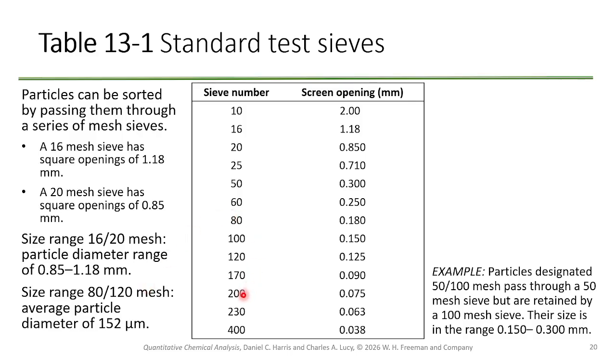Okay. So your size range is a 16 to 20 mesh. This would be a particle diameter range that would be 0.85 to 1.18. If you have an 80 to 120, you'd have something in the particle range of a 152 micrometer wire that would fall through. Okay? And so what you can do is use these sieves to separate out different substances depending on their volumes, right?